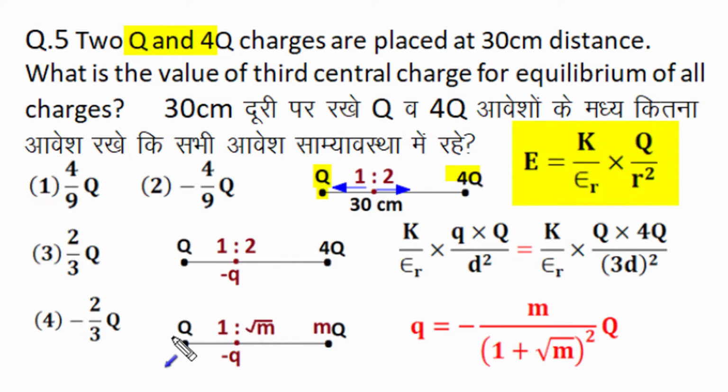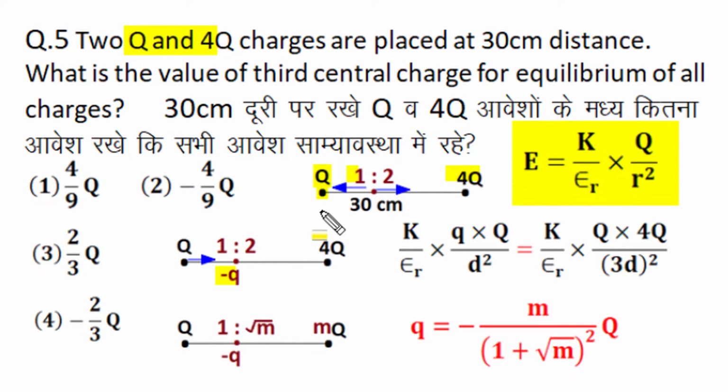In general, if two charges are Q and mQ, then this electric neutrality position would have a ratio of 1:√m from the two charges as indicated here. Now a suitable small magnitude opposite polarity charge, minus q, placed here will produce equilibrium on these two charges. This minus q charge will produce an attractive force on capital Q given by this relation, and let this distance be small d.